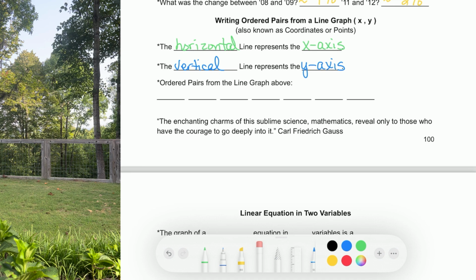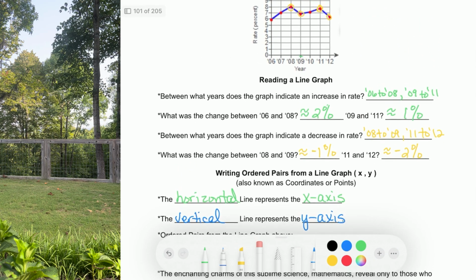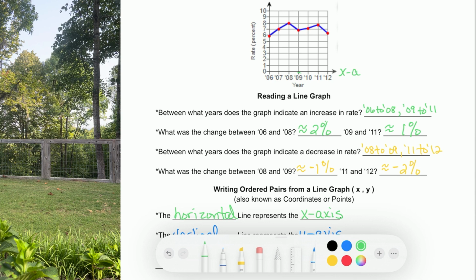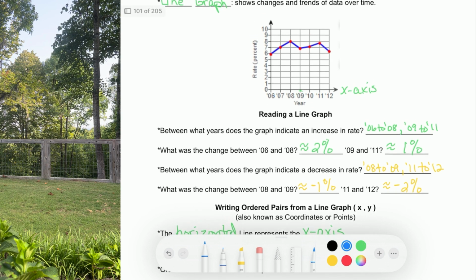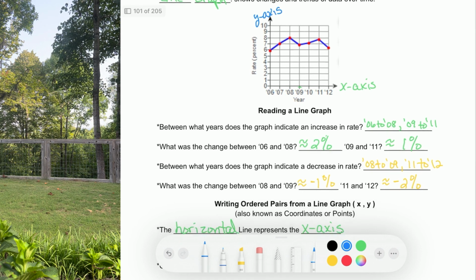Now we need to fill in the ordered pairs from the line graph above. I'm going to scroll up. We're not going to be able to see our lines that we need to write our answer in, but I'm going to write them over to the side and then we'll fill in our blanks. The x-axis is here. And then remember that the y-axis is the vertical, so it's here. Okay.